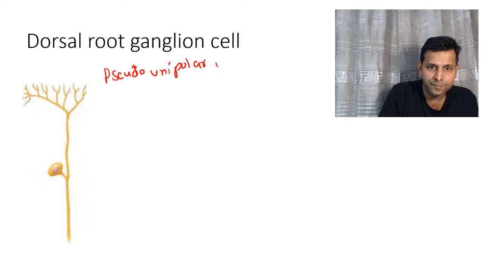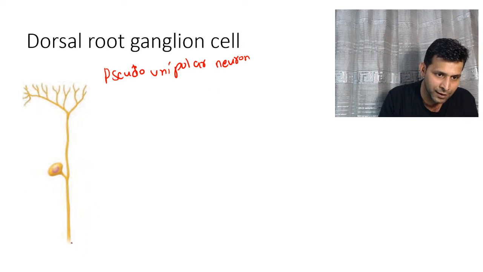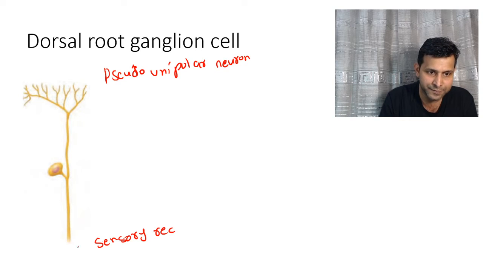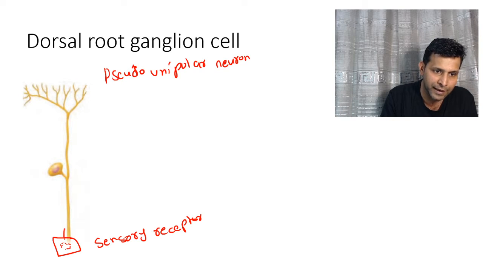One end of the axon has a sensory receptor or a sensory organ, where the myelin sheath starts. Now my question is, which area will have first action potential here?